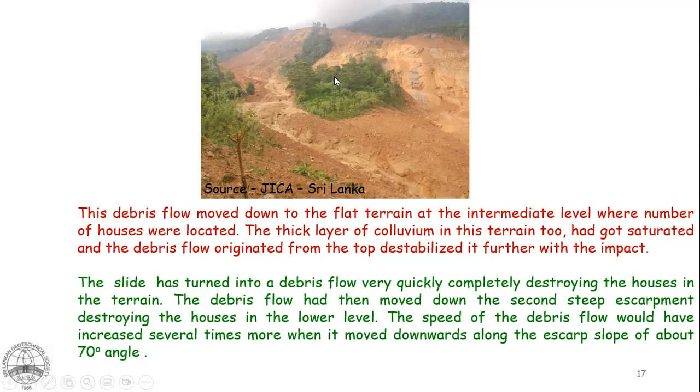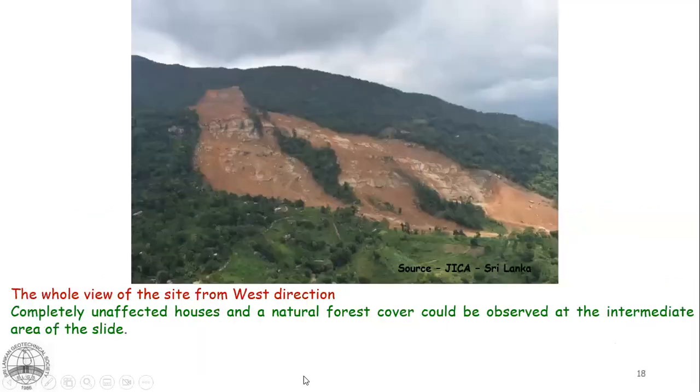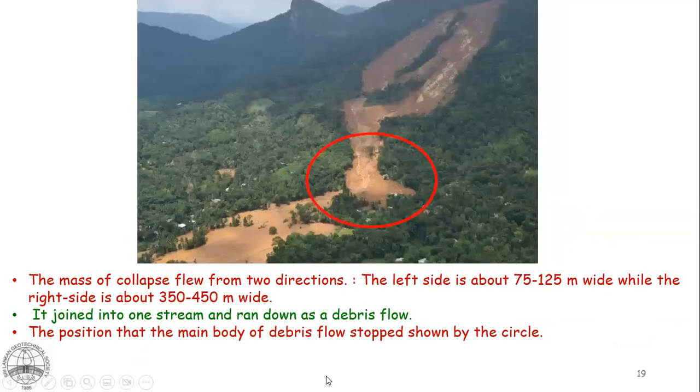The debris flow, with the presence of excess water, has destroyed houses further down in these much flatter areas. And there were certain regions completely unaffected by the debris flow. So that depends on the downslope topography.